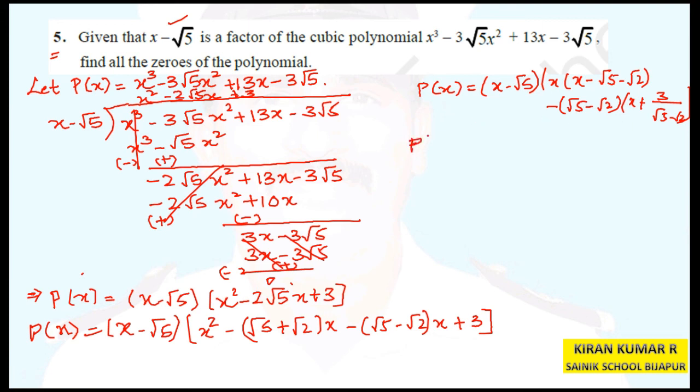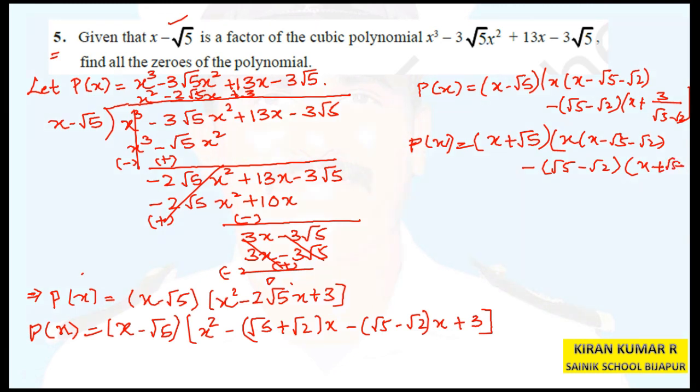Finally, p of x will be x minus root 5 multiplied by x minus root 5 minus root 2 times x minus root 5 plus root 2.